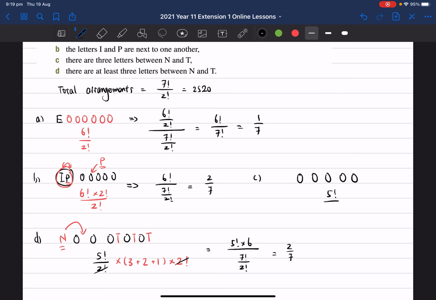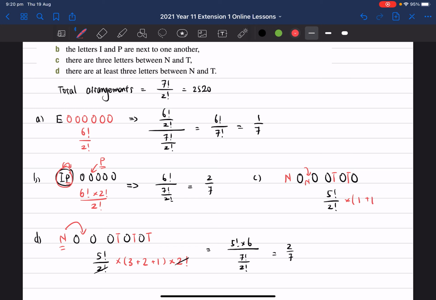So that's 5 factorial over 2 factorial when you're rearranging those letters. Then if I place N here, there's only one place that you can have T. So you times by 1, plus, if you place the N here, there's only one place you can have T again.